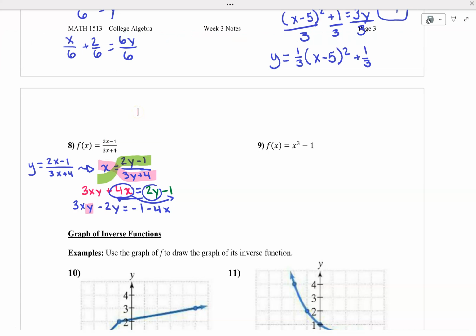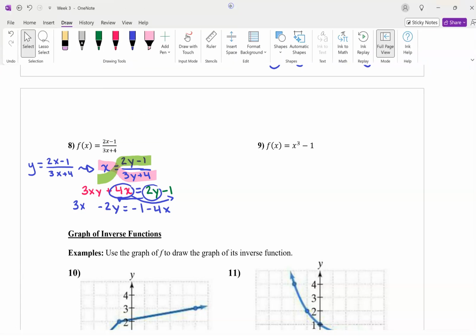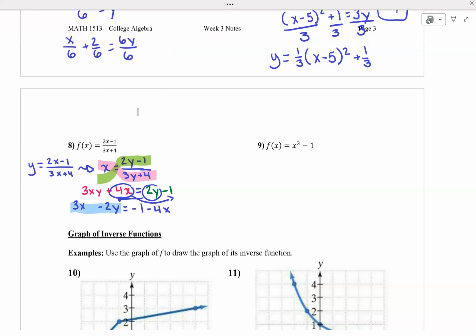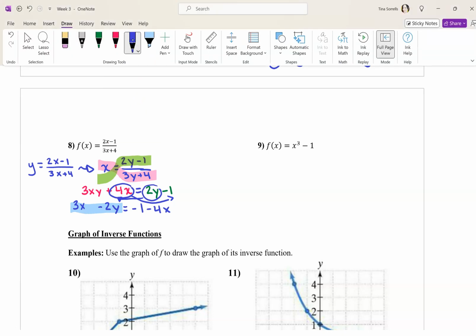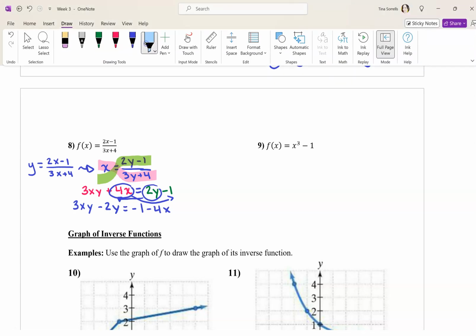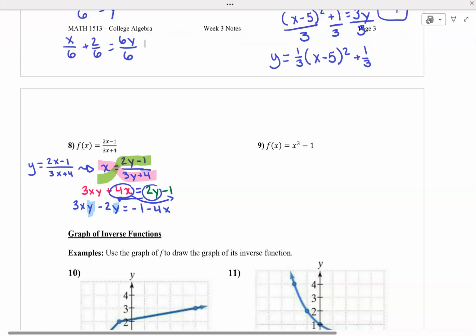See how they both, oops, that did not turn to blue. Let me see if I can fix that. Okay, so that's not what I wanted to highlight. I seriously need some extra coffee today. I only wanted to highlight my y's.